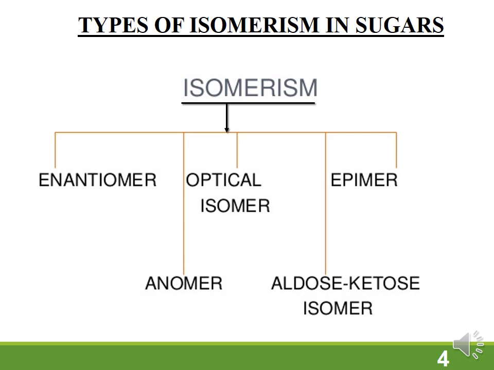It means a simple sugar can exist in a pair of enantiomers, a pair of anomers, a pair of optical isomers, a pair of aldose ketose isomers. These slides show the types of isomerism in sugars. We will discuss all these types in the next slides.